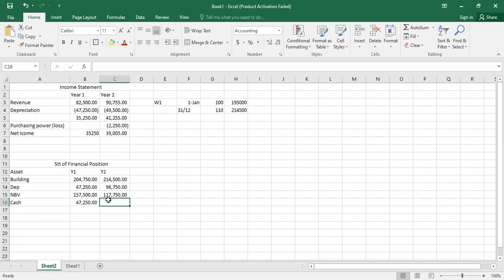If you go to the additional information, you've been told all the net income is paid out as dividend. The balance of cash is banked at no interest return. There are no operating expenses except depreciation, and all revenue is received at the end of the year.